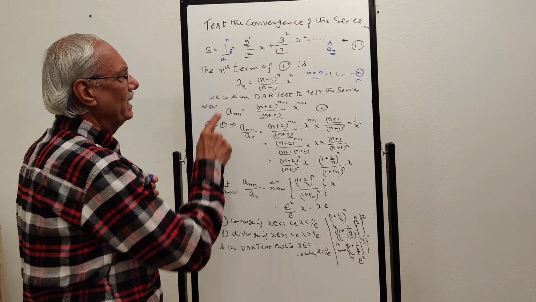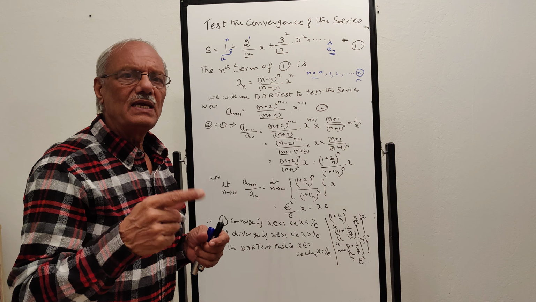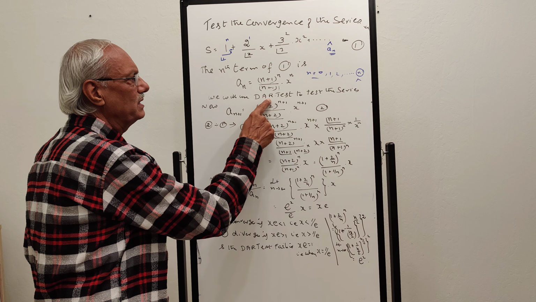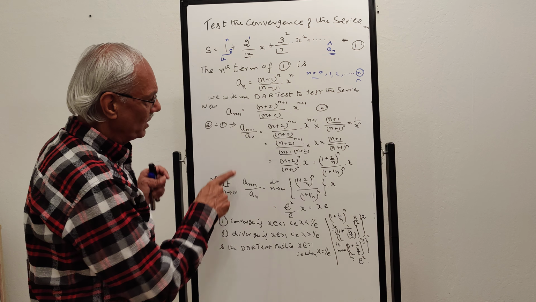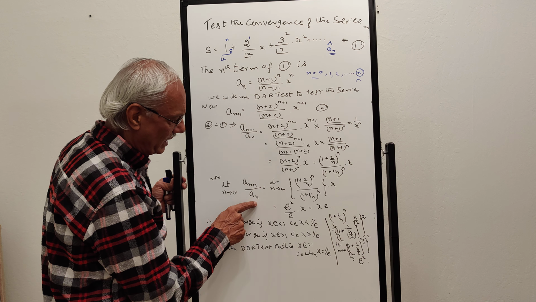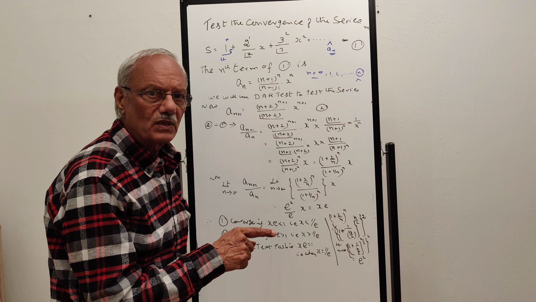Now I take this nth term and then perform D'Alembert's ratio test. What does D'Alembert's ratio test say? It tells you that you find a_(n+1) divided by a_n and take n tending to infinity.